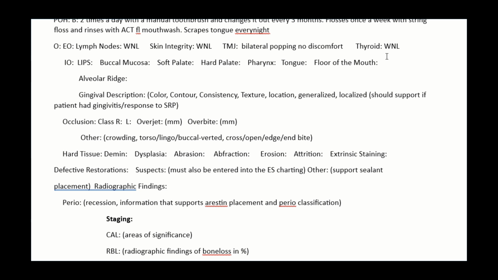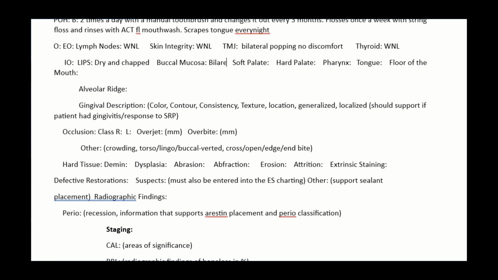And then we're going to go into the lips. They're dry and kind of chapped, hence the winter season here. Buccal mucosa, let's say the patient has bilateral linea alba. Soft palate is within normal limits.